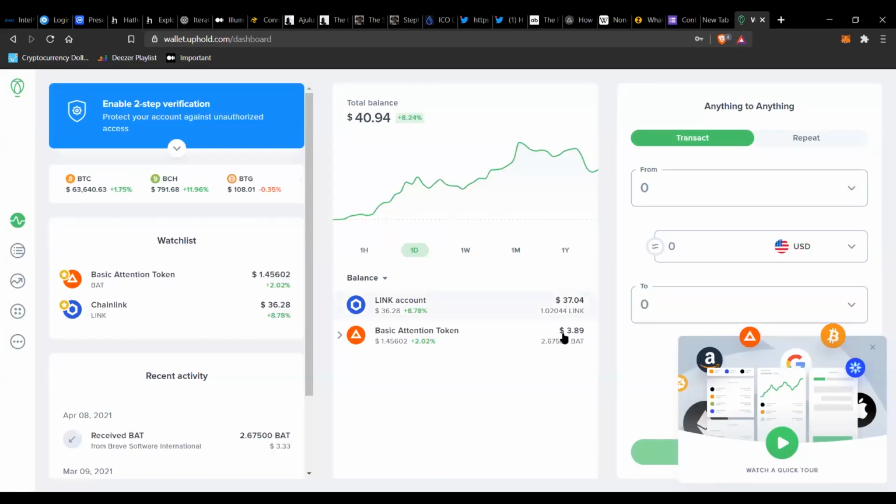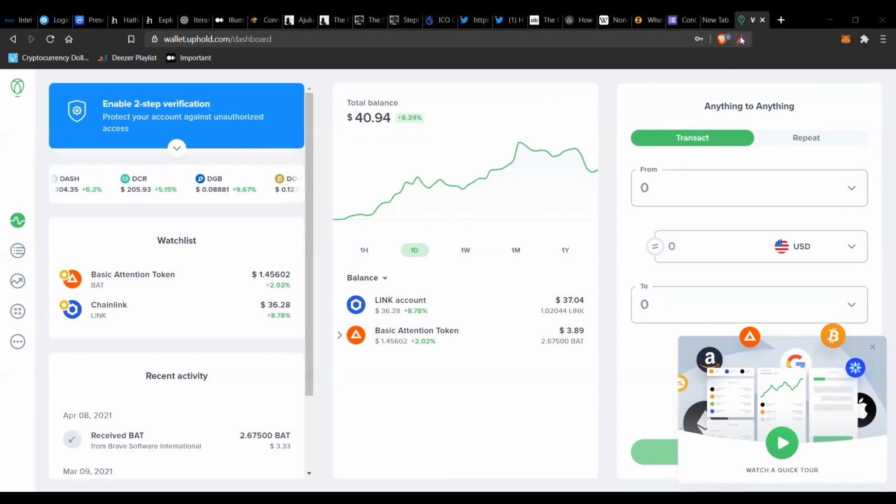I had to pause the sharing for some reasons. So now I just logged into my Uphold wallet, and you not seeing the screen was intentional. This is where the funds are moved from Brave browser.